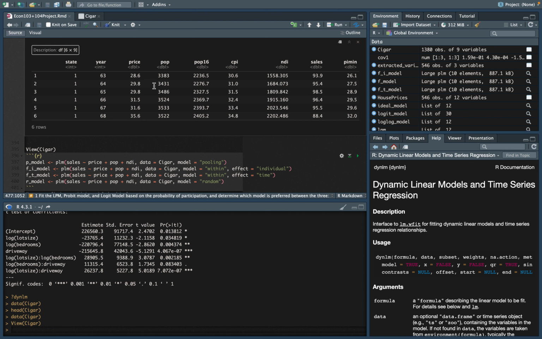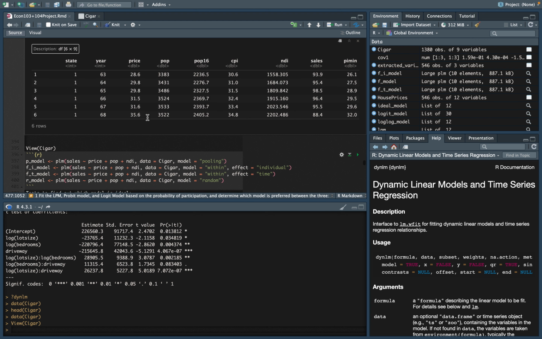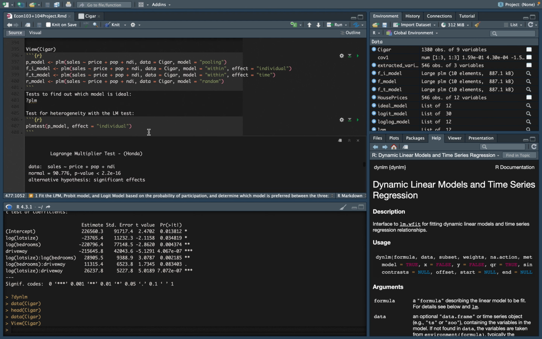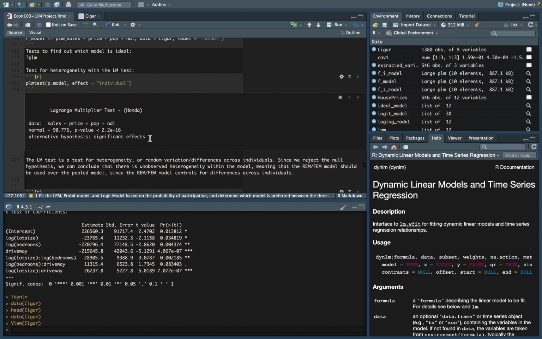The average price of a product in California will probably be more expensive than the average price in Nebraska, for example. So intuitively we know that, and statistically we also end up rejecting the pooled regression model.